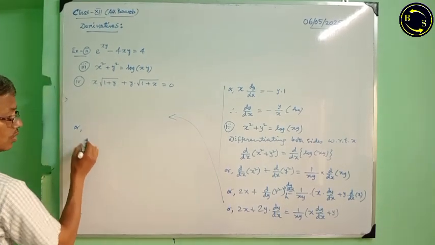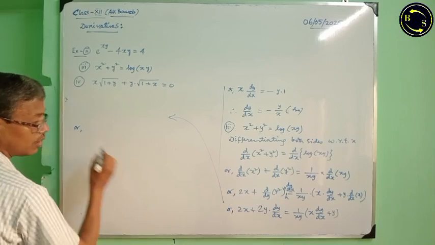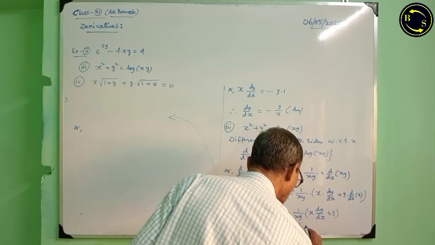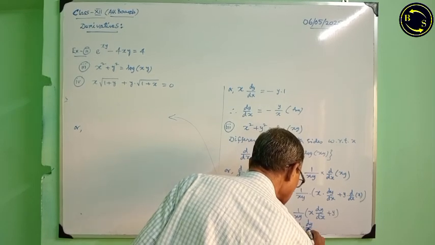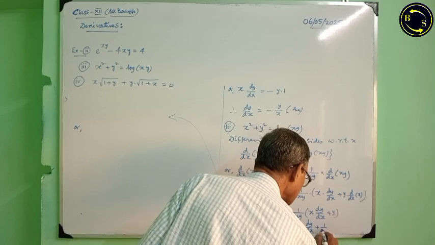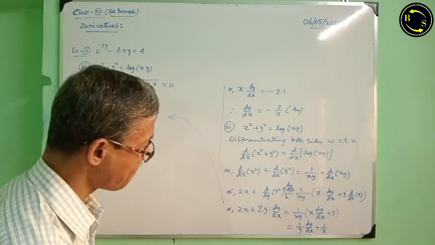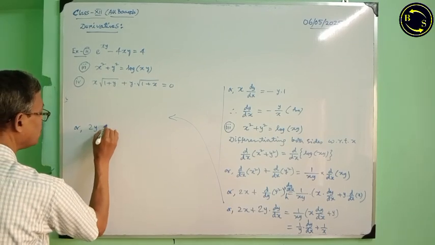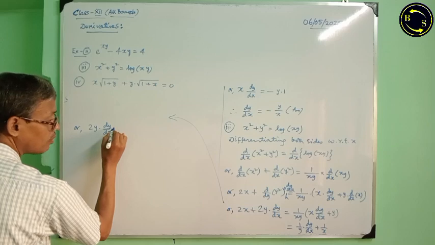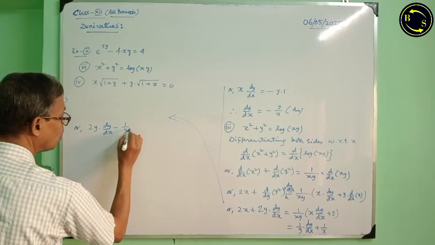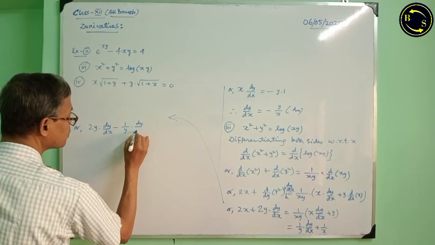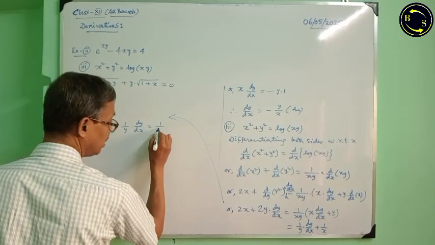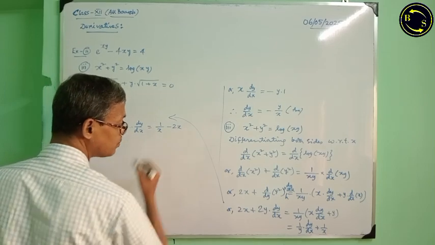I first take the product here, 1 by y dy/dx plus 1 by x. 2y dy/dx minus 1 by y dy/dx is equal to 1 by x minus 2x.